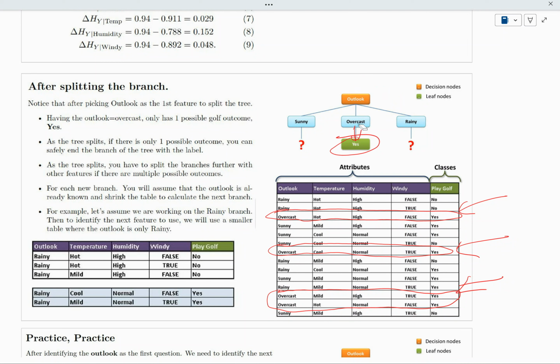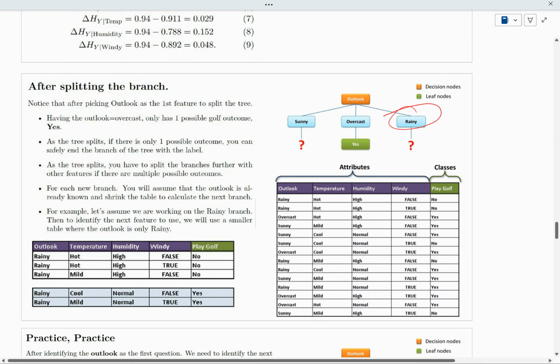However, in the case when it doesn't, for example, this branch, raining. Raining, sometimes you play golf, sometimes you don't. Therefore, what we do is we construct another table where you only have raining. And now from this table, we can once again figure out which of these three features gives us the most information about the final product.